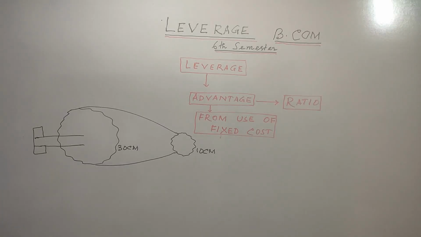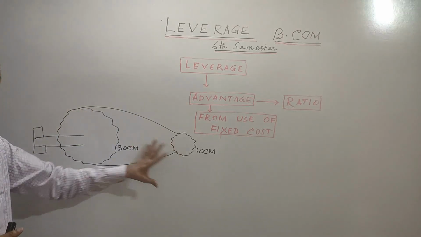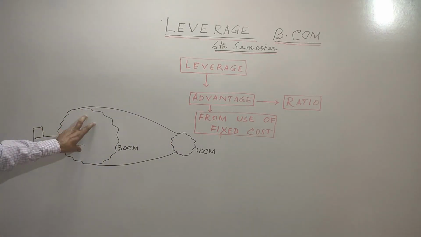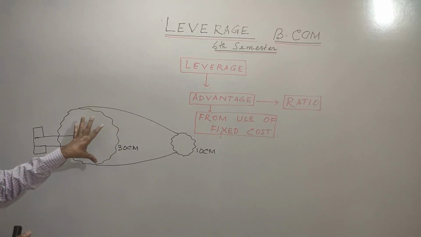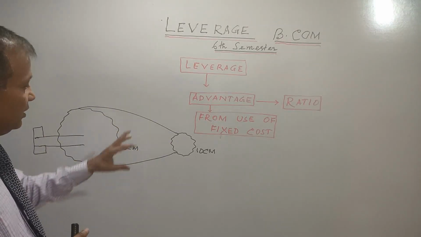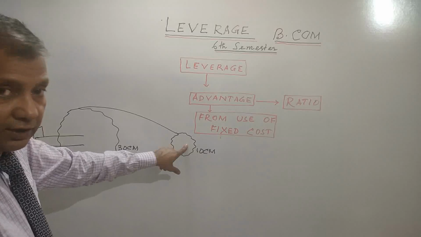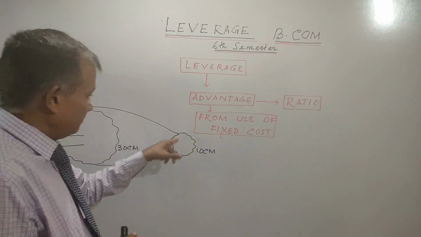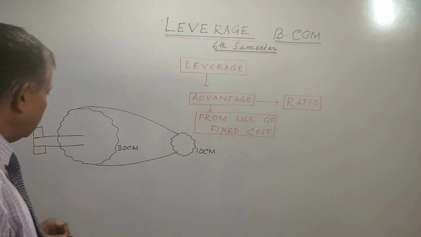Let me give you an example. Suppose this is a cycle, this is the front wheel, where the chain is, and the chain is connected to the back wheel also.